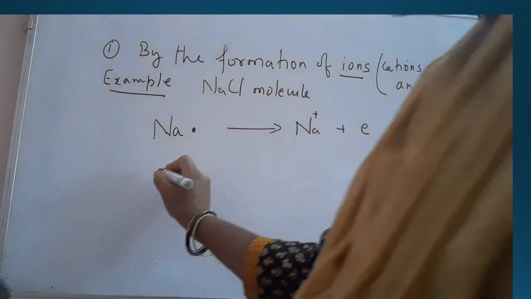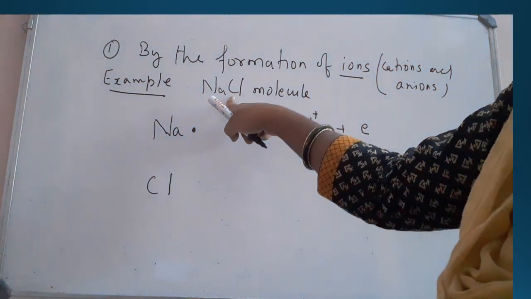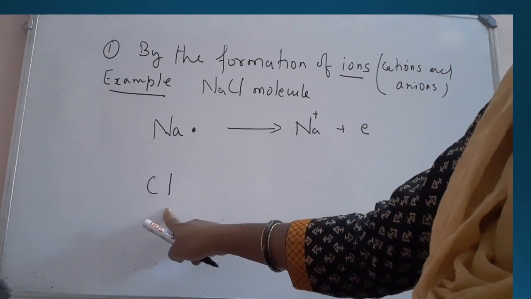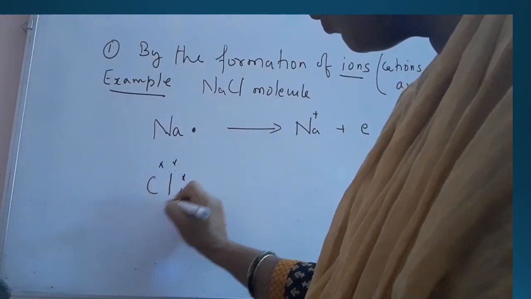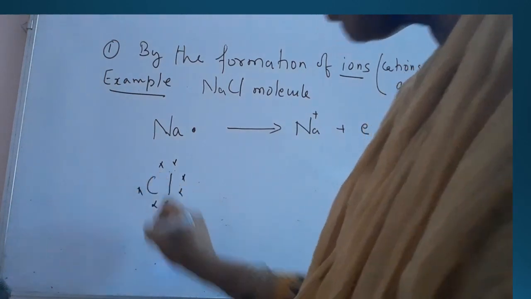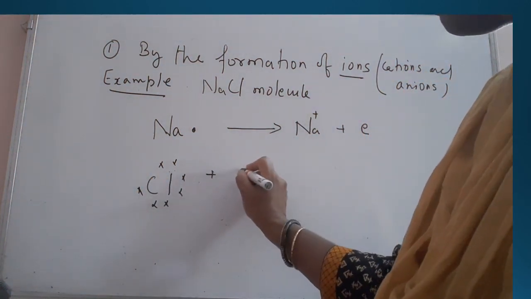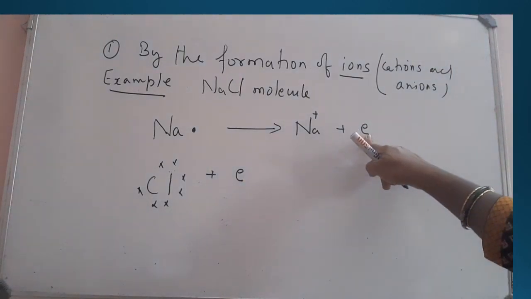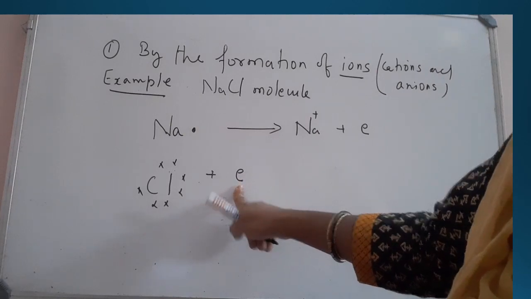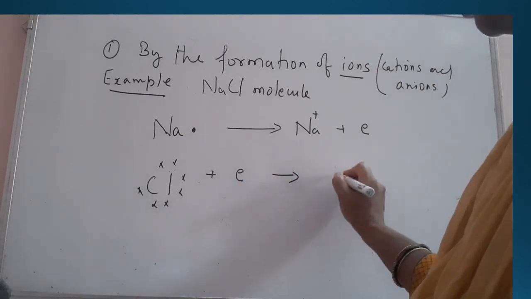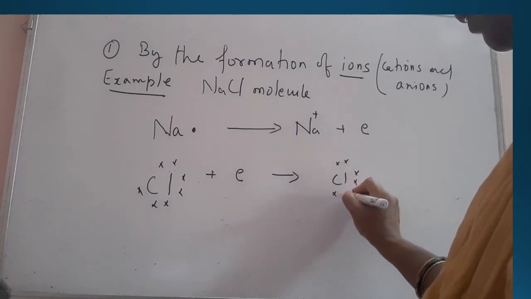Whereas the next atom in sodium chloride is chlorine. The valence electrons of chlorine are 7: 1, 2, 3, 4, 5, 6, 7. And this chlorine atom gains the one electron which is lost by the sodium atom, and with the gain of this electron the chlorine atom becomes a chloride ion.